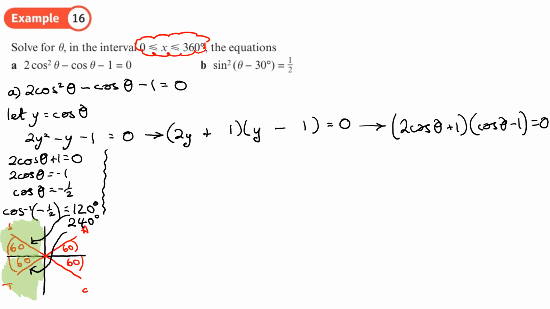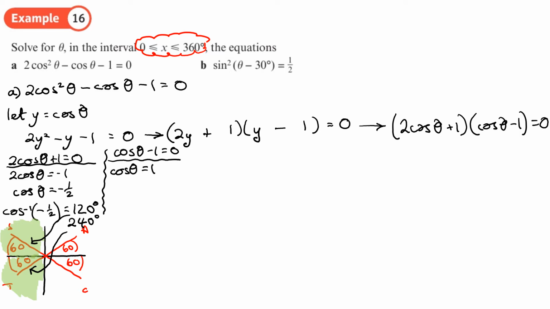Right, let's have a look at the second bracket. So we've got cos theta minus 1 equals 0. That means cos theta equals 1. And if we do the cos inverse of 1, we get 0.